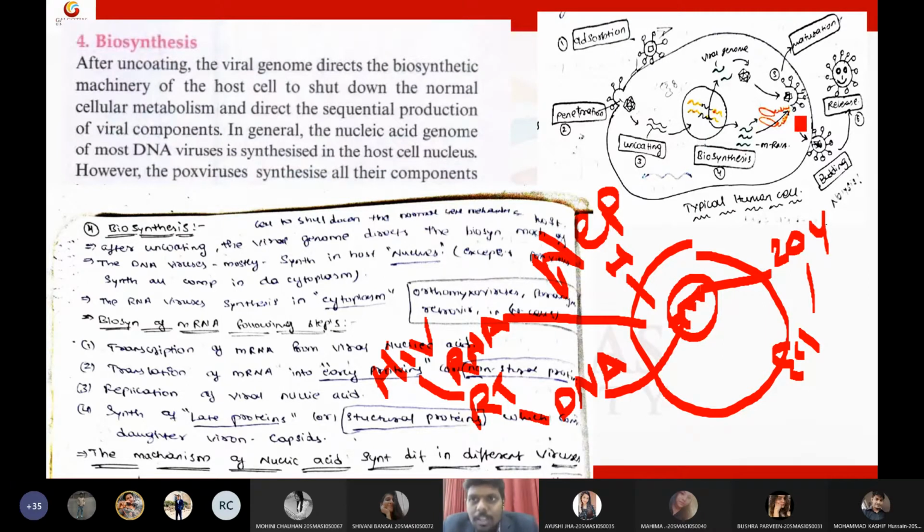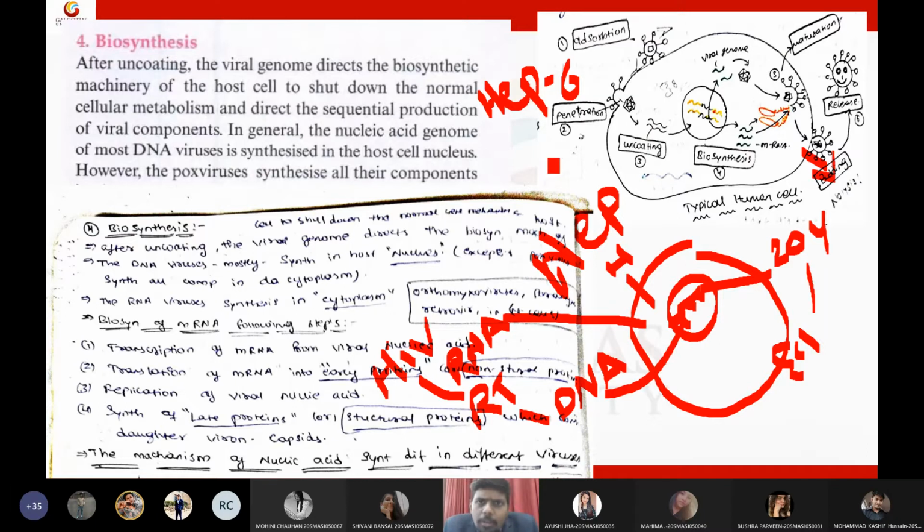That time is called the incubation period, and it will vary from virus to virus. For example, hepatitis will take almost 6 months to release from an infected cell.